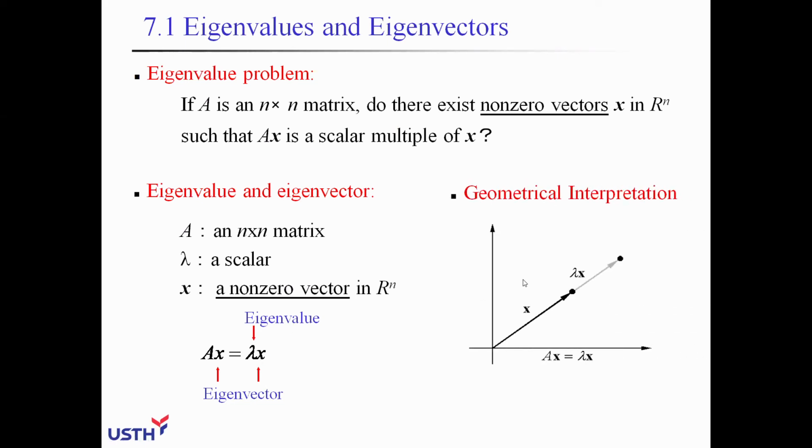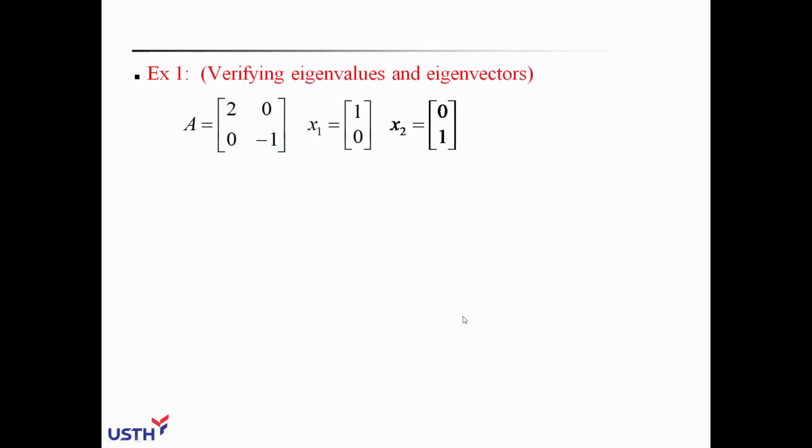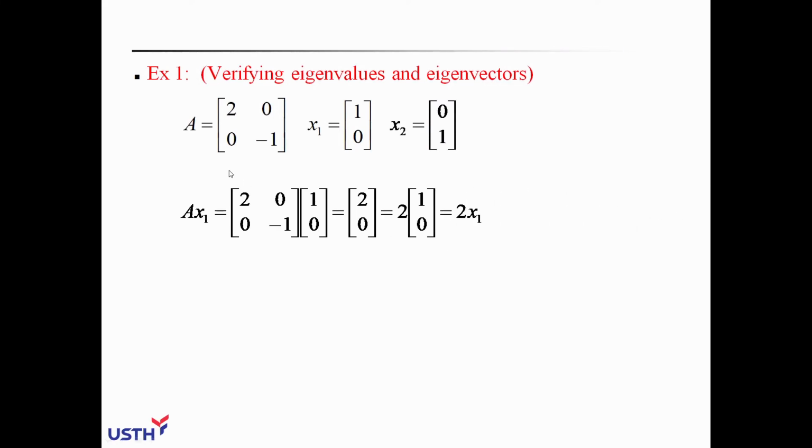And if you look at the geometry, you have that one. x is here, and lambda x must be up to that point. And Ax equal lambda x means that you can see. Now, the example we already studied in the lecture class several weeks ago is here. We consider A to be that, and x1 and x2 to be 2 vectors, or 2 column matrices, like that.